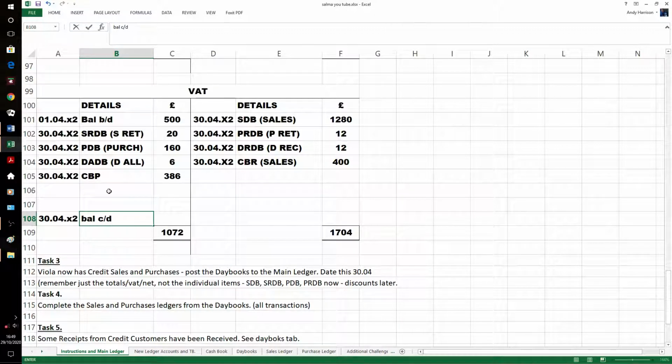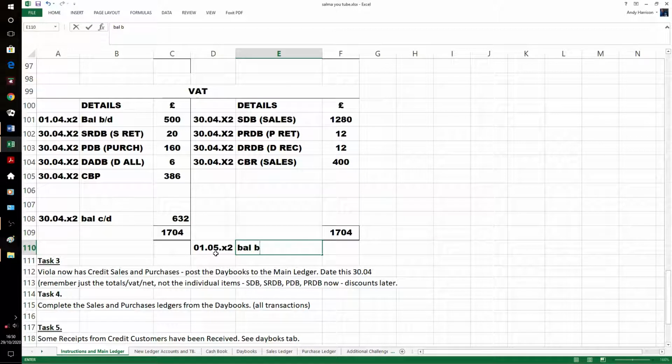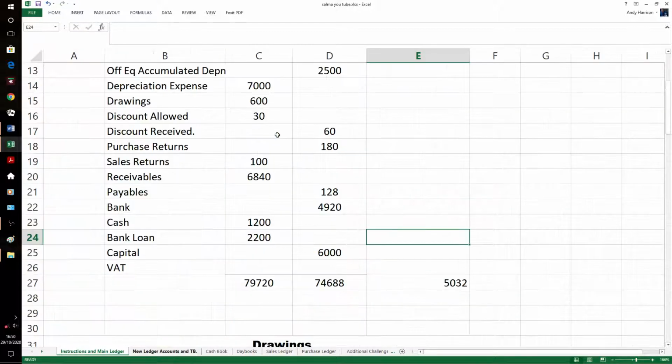Typing too quick. $632, and it would of course, that's what I got in my trial balance here.